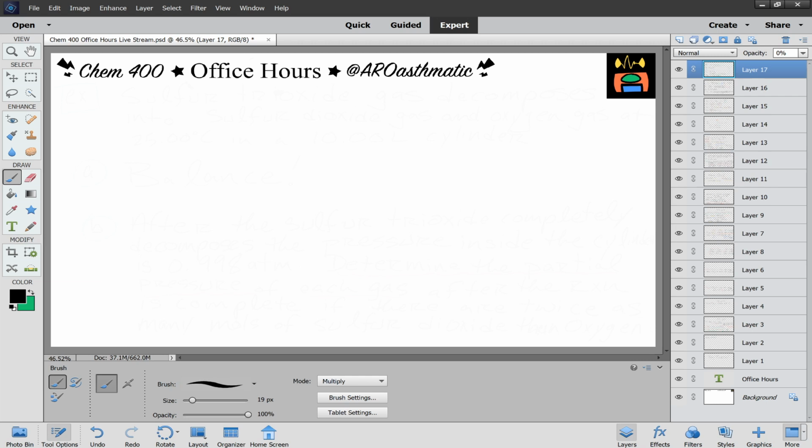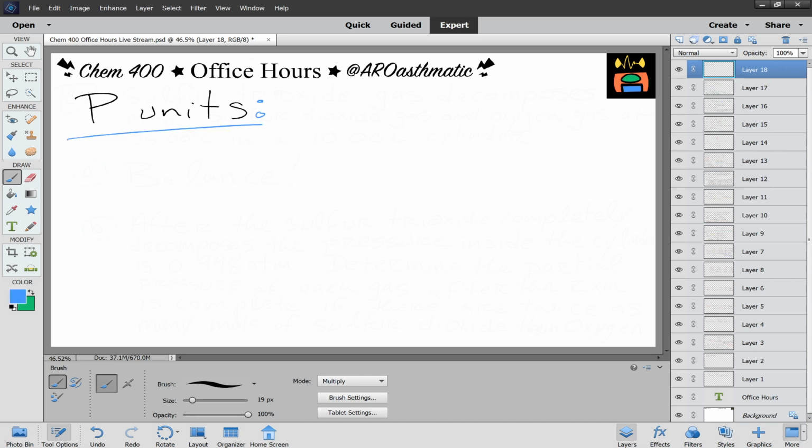So if you look at pressure units, there's so many to choose from. Atmosphere is the standard one, the metric one, but there's also torr, which is very common, millimeters of mercury, kilopascals, and more.